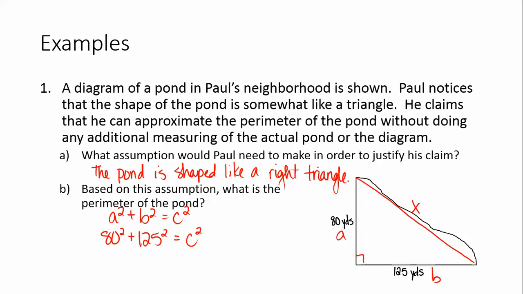Again, get your calculator if you need to. 80 squared is 6,400. 125 squared is a humongous number, 15,625. And we don't know the hypotenuse. We add those two numbers together, and you get 22,025.